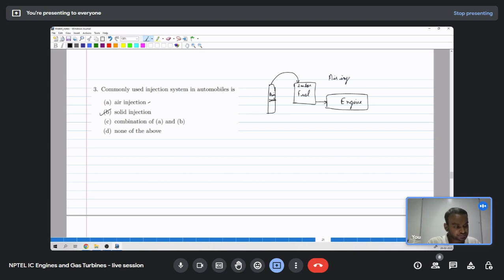This is not commonly used in automobiles because this is a very bulky system and cannot be used in a moving vehicle. Whereas solid injection means we will have the plunger.